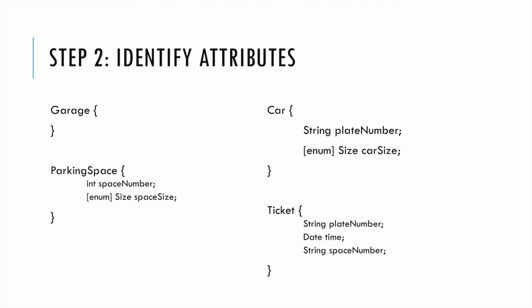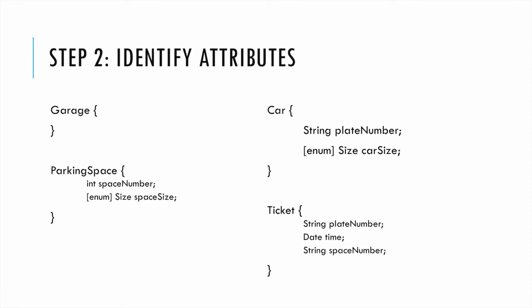Step 2. Identify attributes. We can open our mind to think about the possible attributes for this problem. For the parking space, there should be a space number, and it also needs a space size.